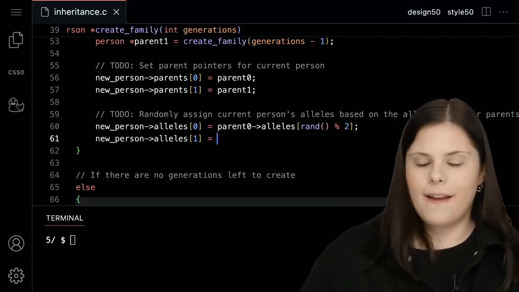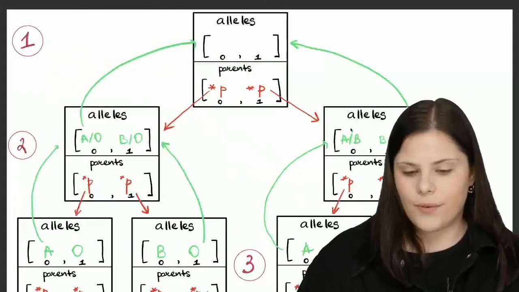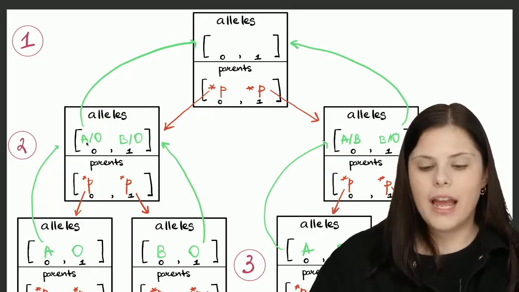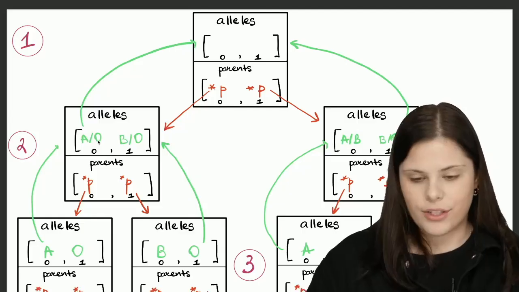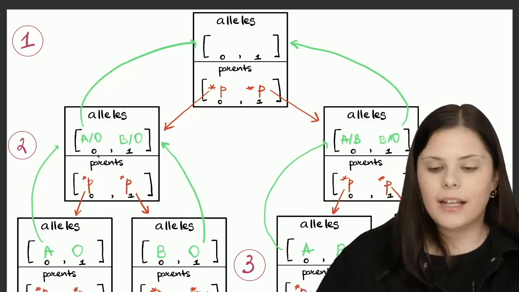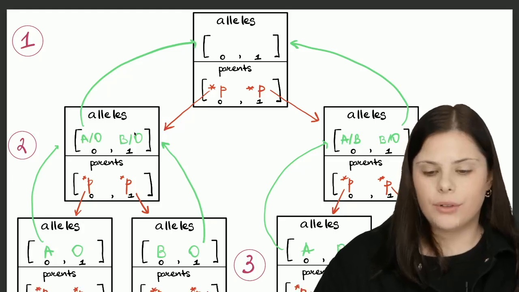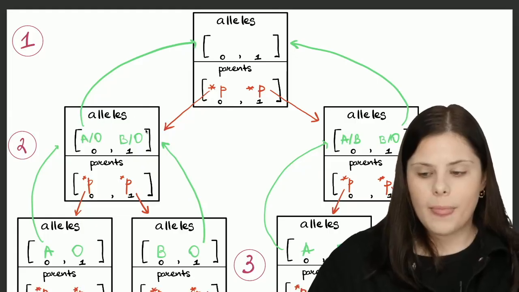If I have my parent 0, for example, this guy right here, and imagine this will be like A or 0 actually. So if I'm looking at alleles of this parent, I can pick between the two. So I can pick either 0 or 1.